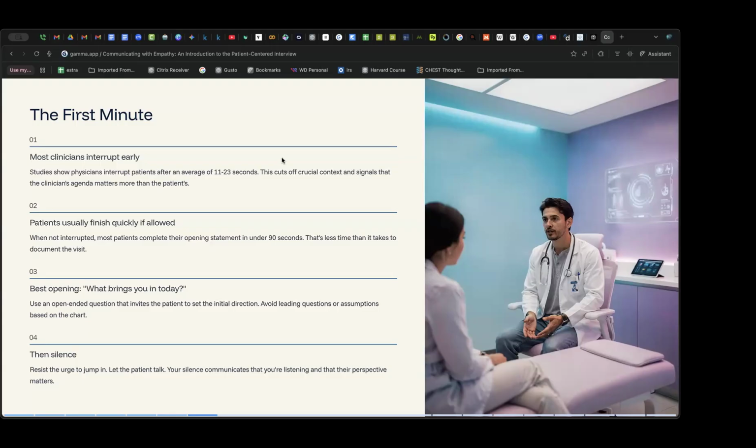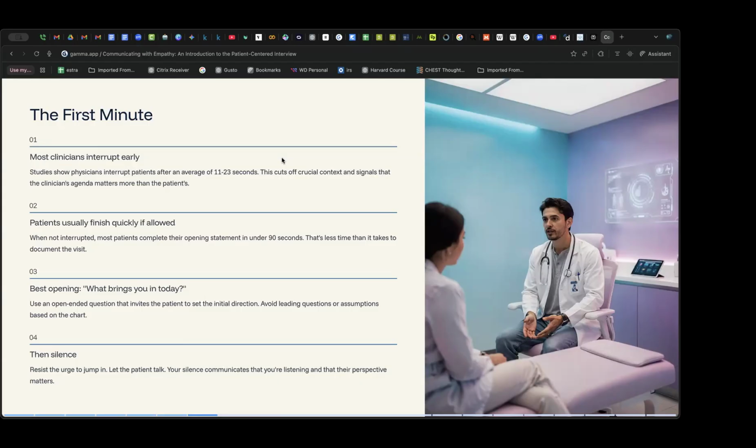Studies show that physicians interrupt patients after an average of 11 to 23 seconds. Did you hear that? Between 11 to 23 seconds, not even a minute, you haven't let them finish his or her sentence.